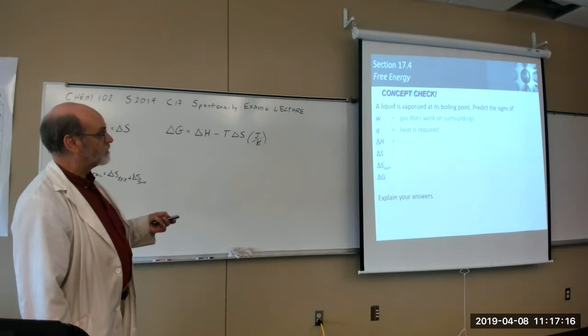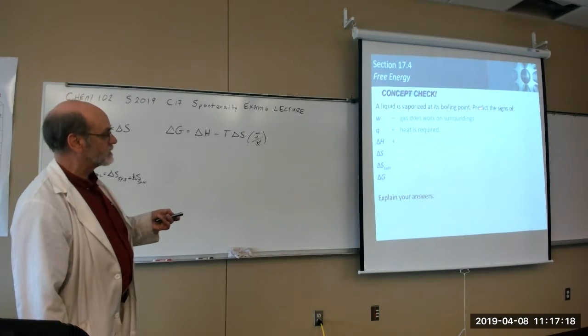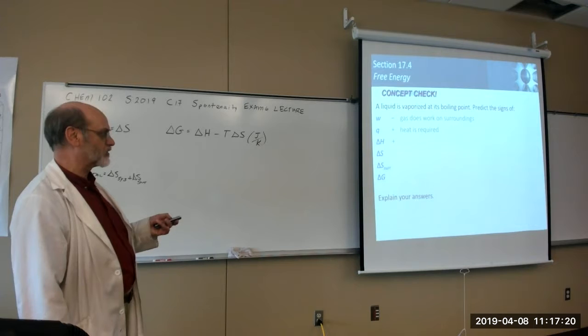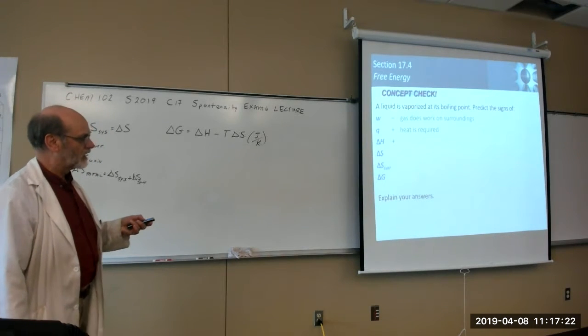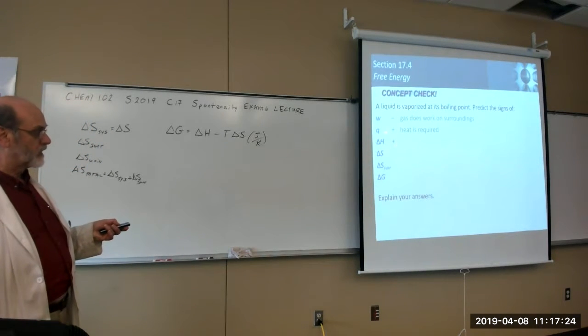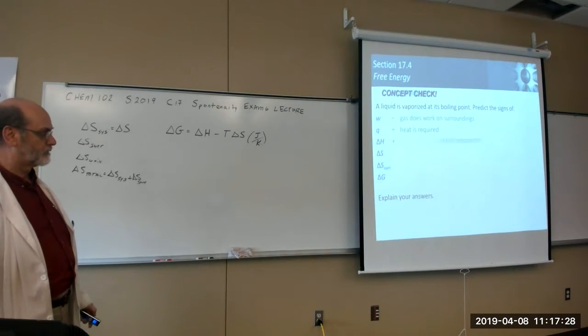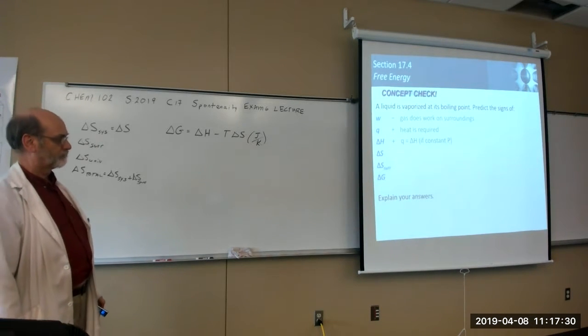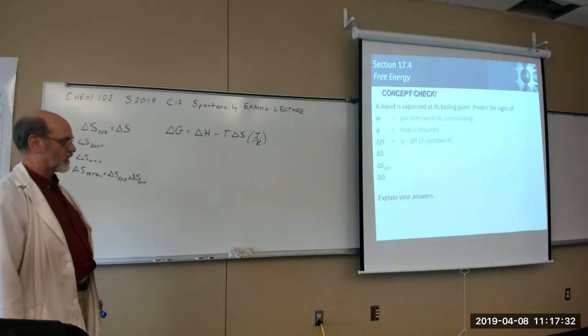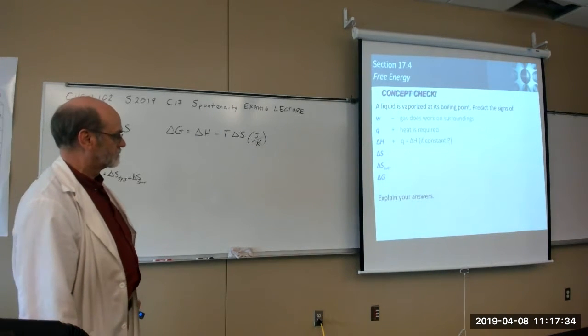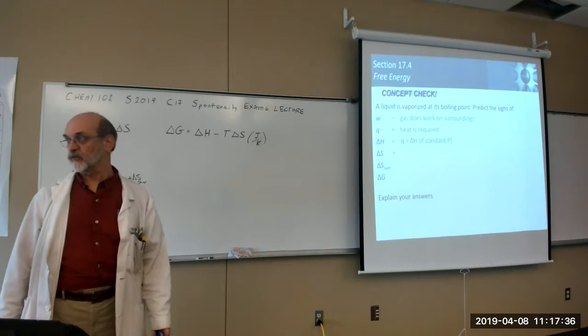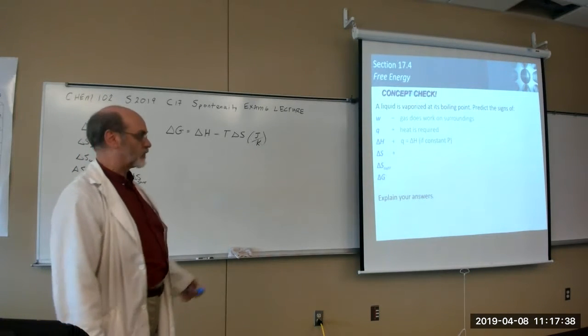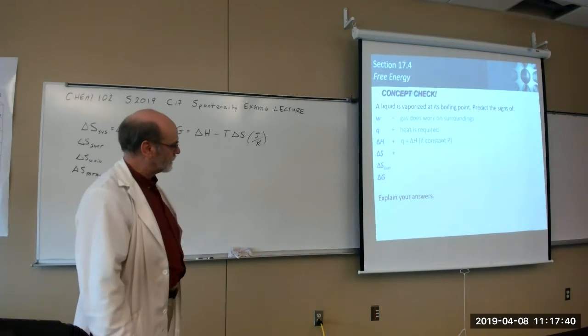Well, it doesn't say constant pressure, but even if it's not constant pressure, the enthalpy will also be positive. Now, if we do have constant pressure, they're equal. But they're proportional to one another, whether pressure is constant or not.